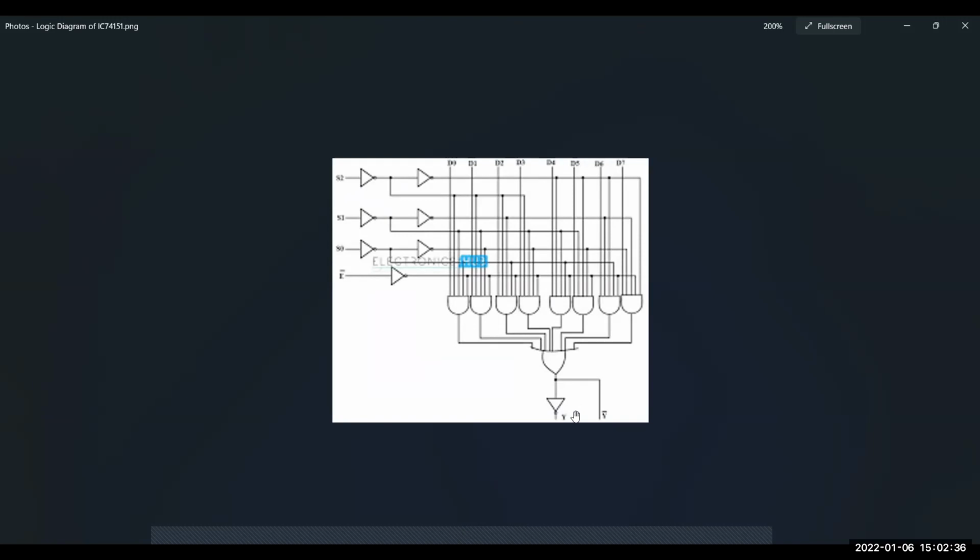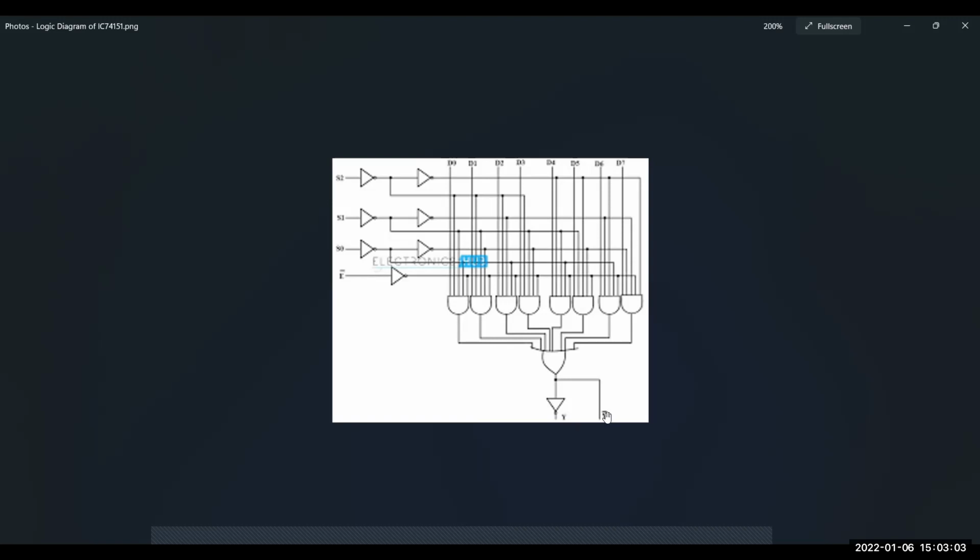It is visible? Yes, sir. So this is the normal output and this is the inverted output.